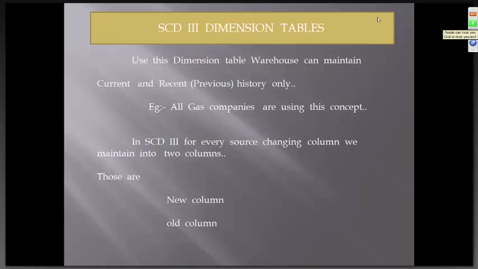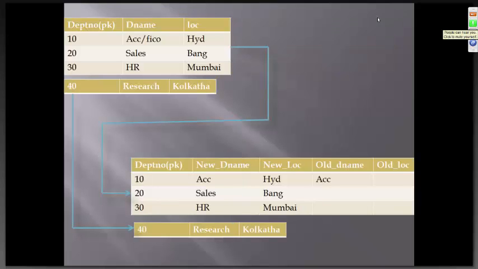That is the reason why in SCD dimension type 3, for each and every non-key column we use two columns in the data warehouse table. See here, DEPT number, DNAME and location are the 3 columns from the source table. DEPT number is the primary key and doesn't change in the source table, so it stays the same primary key in the data warehouse.